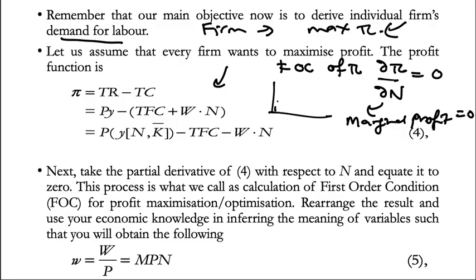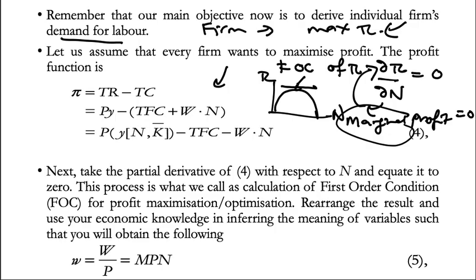If you have a profit function, when marginal profit equals 0, this is profit, this is labor. The slope of profit is 0. Okay, marginal is the slope of total profit. Okay, so that's why we do it this way. Equate it to 0. That means we are trying to find the FOC. Basic maths, eh? From here we can find the wage of labor that can maximize profit.